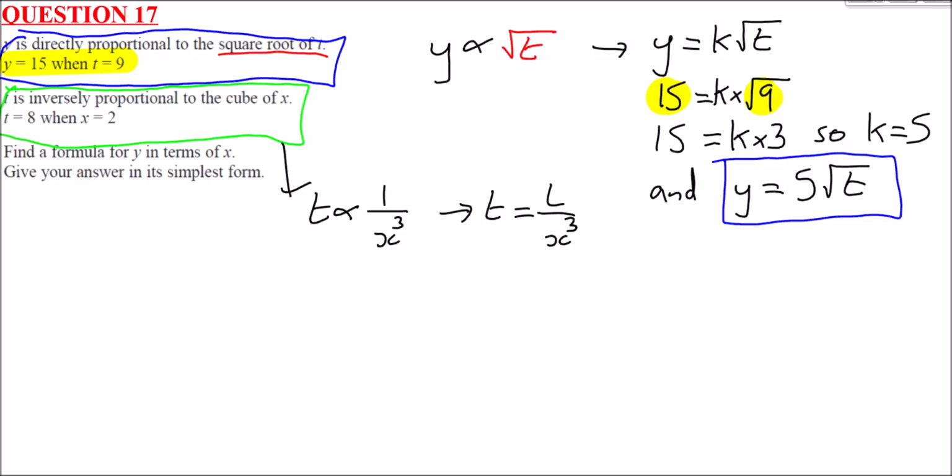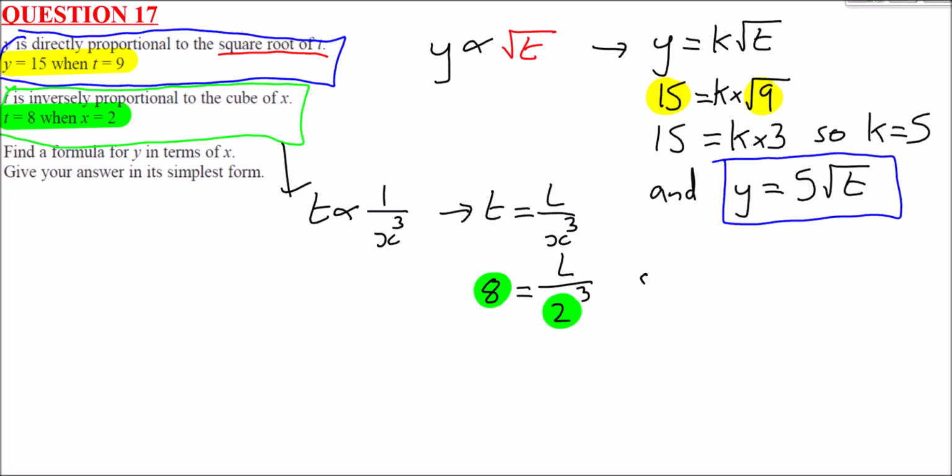We can now substitute in what we're told. We're told here that when t is 8, x is 2. So if we substitute this in, x cubed is 2 cubed. So 8 equals L divided by 2 cubed.